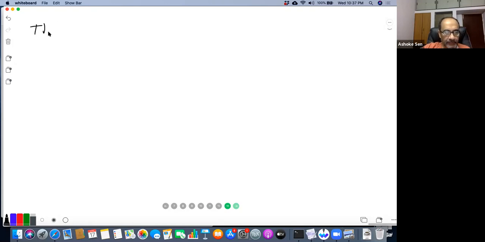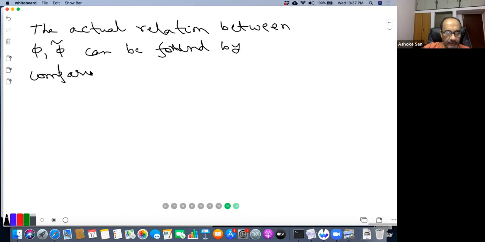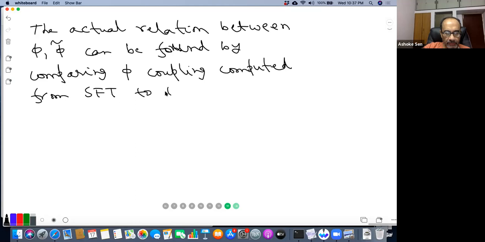The actual relation between phi and phi tilde can be found by comparing the phi coupling computed from string field theory to the expected coupling of the phi tilde.